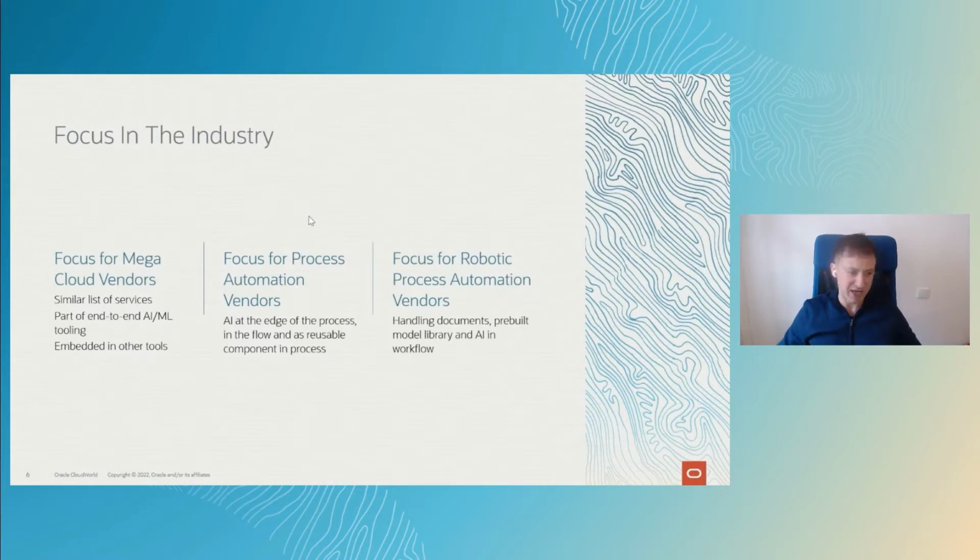Mega cloud vendors have their own focus on AI services for similar purposes like I already introduced, to complete end-to-end artificial intelligence, machine learning, tooling and process and scaling for the customers. Make this ease of use part of AI, the democratization, embedding AI tools, AI services within existing tools, like we will do here in the case of Oracle integration and process automation.